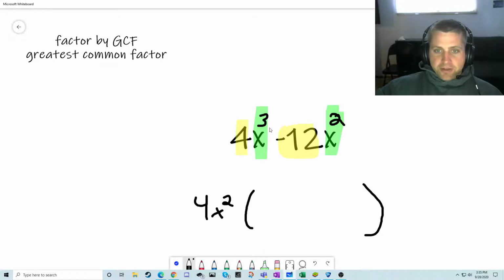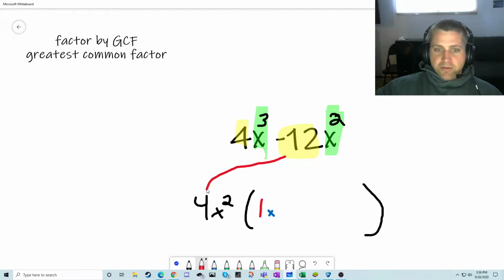So divide 4x cubed by 4x squared. 4 divided by 4 is just 1. x cubed divided by x squared is, well, if there's 3, 2 of them are gone now because you divided them away. It's just an x. So I'm going to do the same thing here.